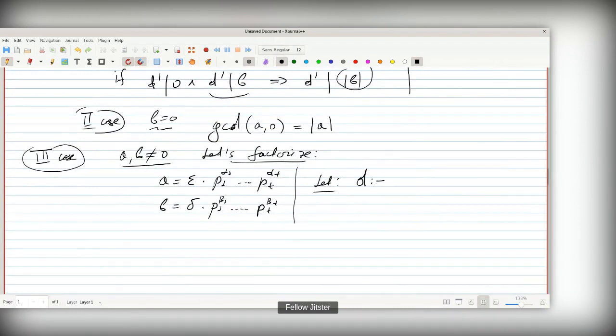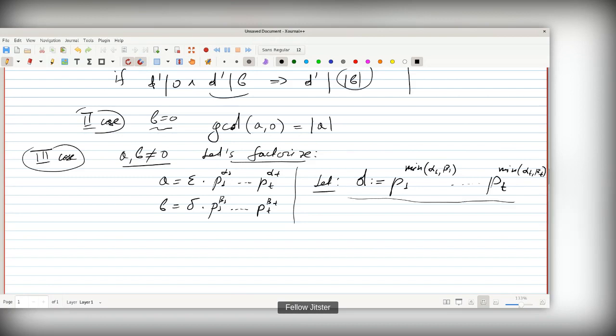So let D equal P1 to the power minimum of alpha 1 and beta 1, and so on. So this way, we can construct a computational recipe to obtain the greatest common divisor. If you know factorizations, it is easy to construct the greatest common divisor.